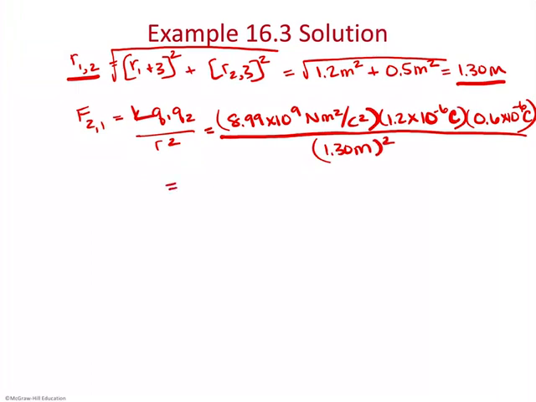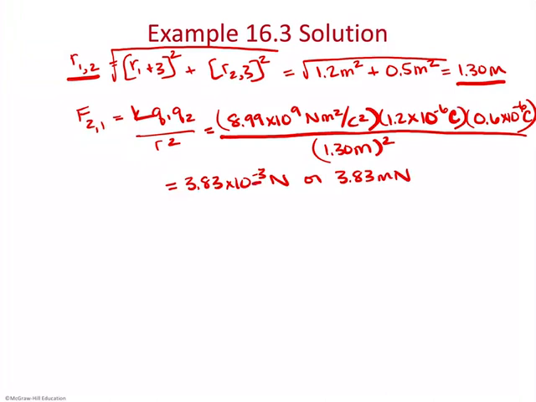You do the math and you should get 3.83 times 10 to the negative third newtons, or you could say 3.83 millinewtons, because negative 3 is milli.